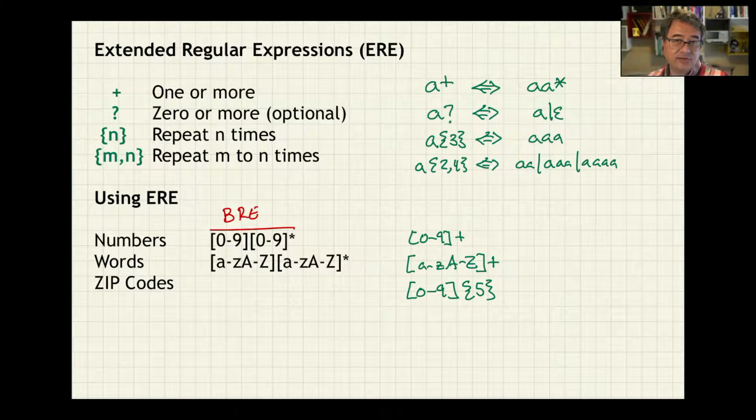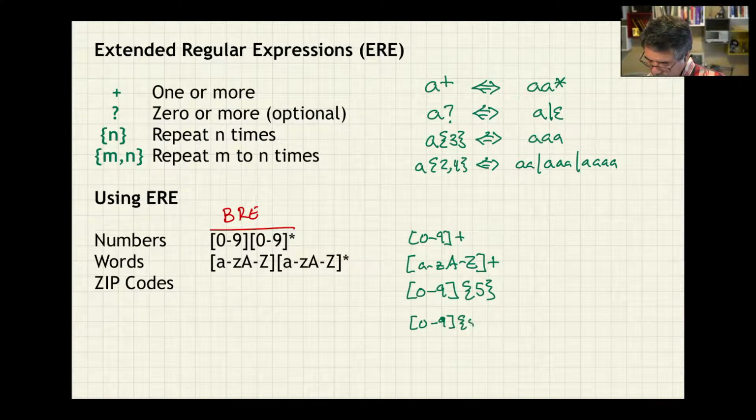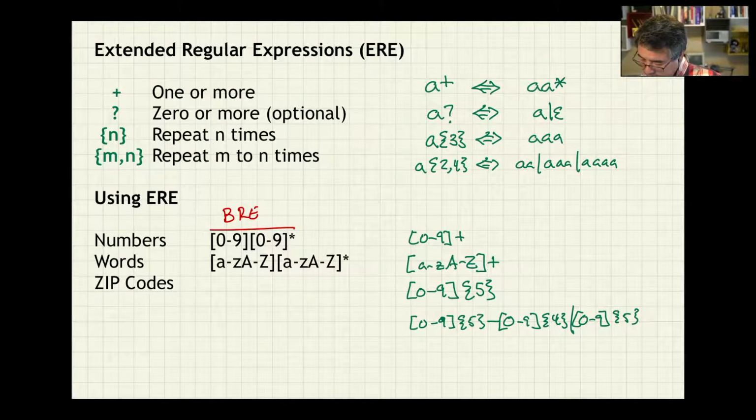If you want to do the whole thing, where it's either the 9-digit zip code or the 5-digit zip code, it looks like this. So there's our 9-digit zip code or the 5-digit zip code. And another way to think about it is there's always going to be that 5-digit portion. The 4-digit suffix is optional.